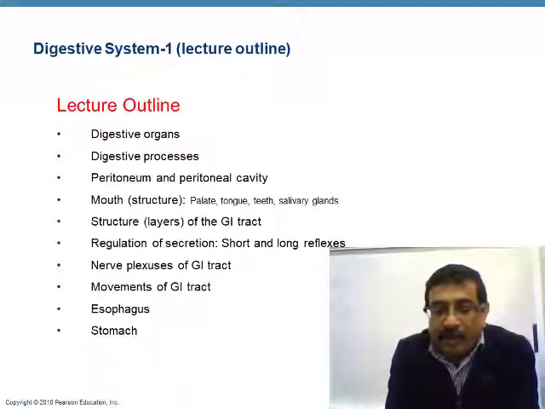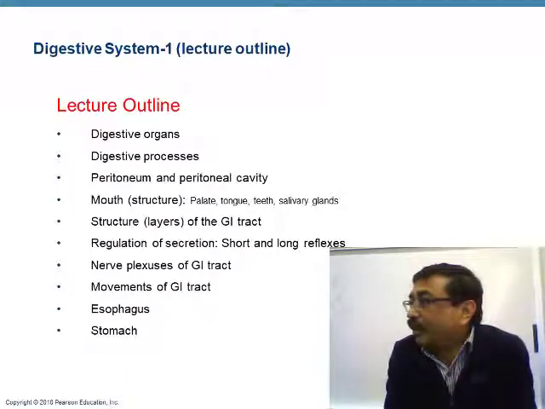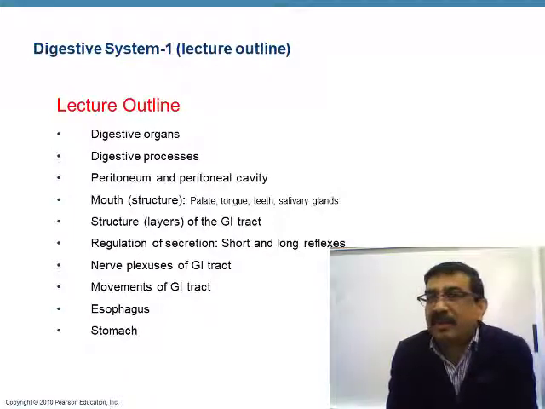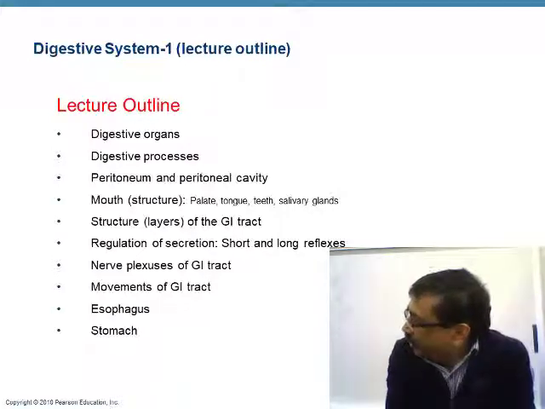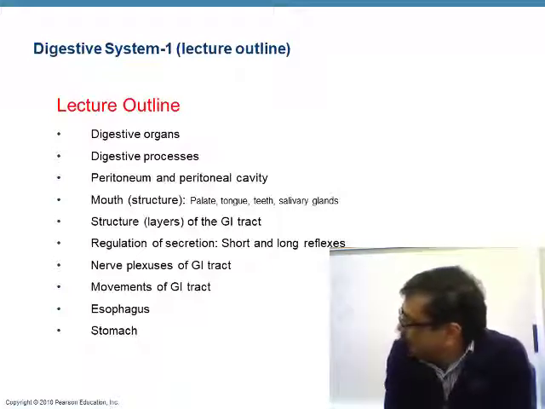Then we'll talk about the individual parts of this system. First, we'll talk about the mouth, which is the first uppermost organ. We'll see the structure of the mouth, boundary of the mouth, those things.